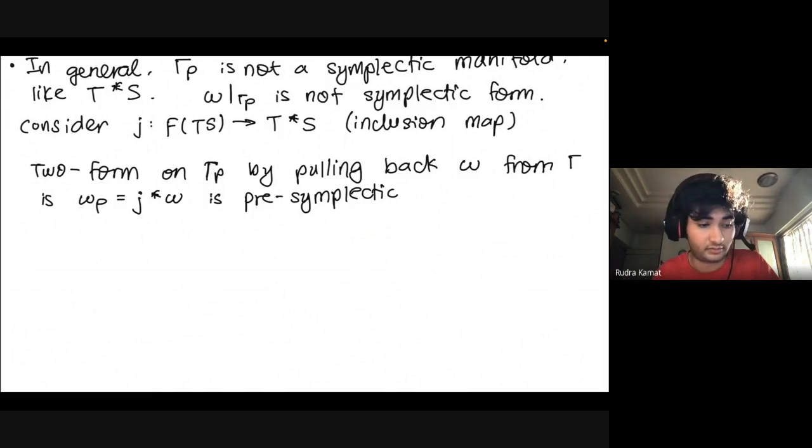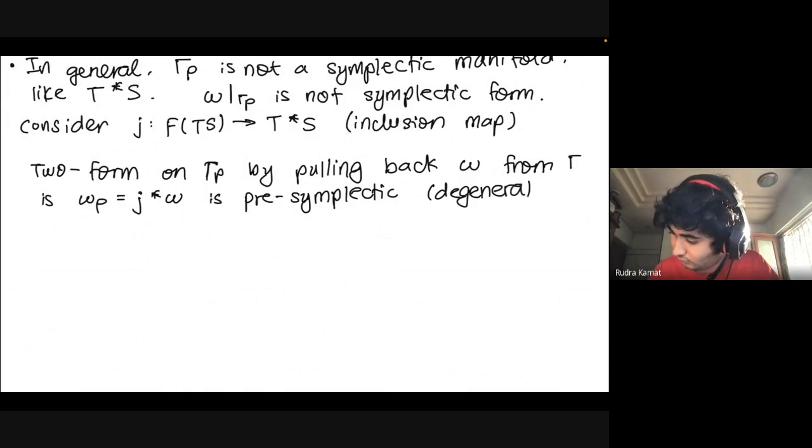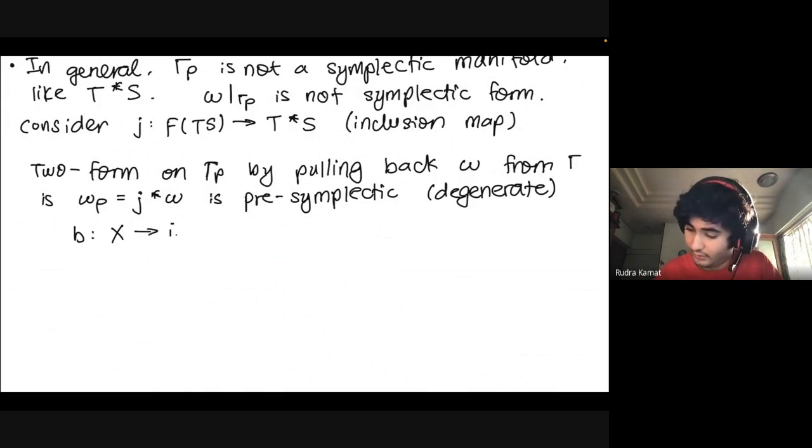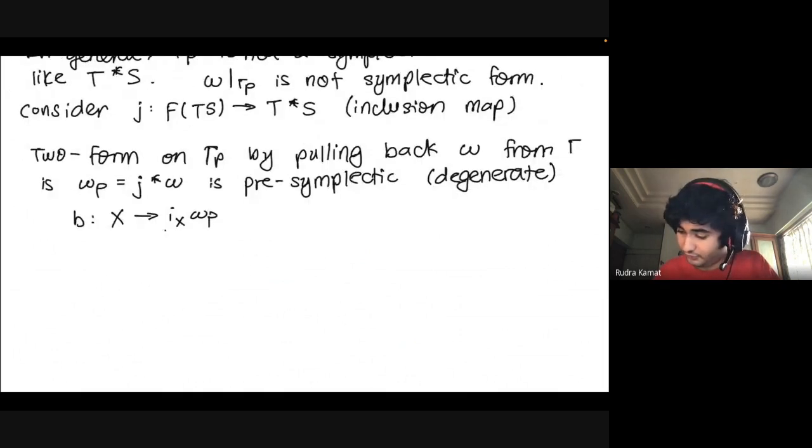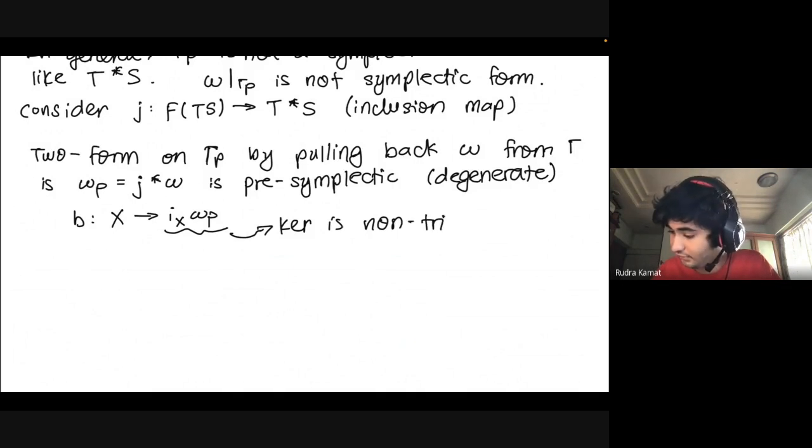In the case of a pre-symplectic form, it will be bilinear, but it will be degenerate, which means if you have this map B that takes an element x of the tangent space to the interior product of omega sub p with x, the kernel of this is non-trivial. Why? Because it's degenerate. That's what degeneracy means in this case.